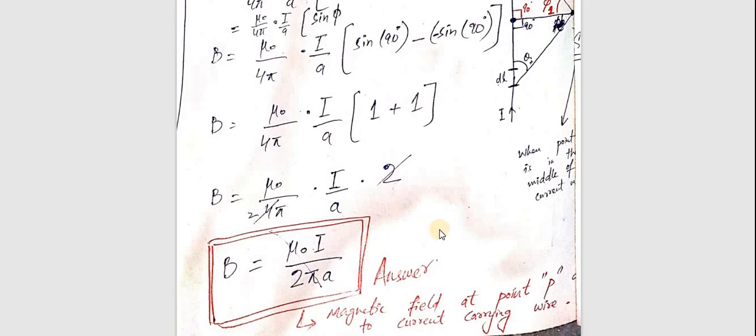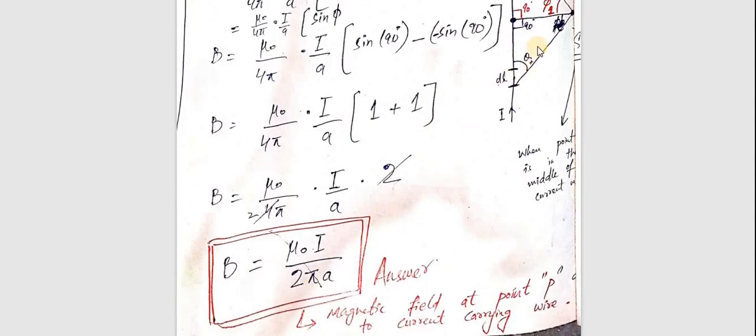But this case is when the point P is in the middle of the long current carrying wire, right? If point P is at this location, right? If point P is at one end of the wire, then θ2 will be equal to 0 and θ1 will be equal to 90 degrees. Under such a condition, the magnetic field will be different, right?